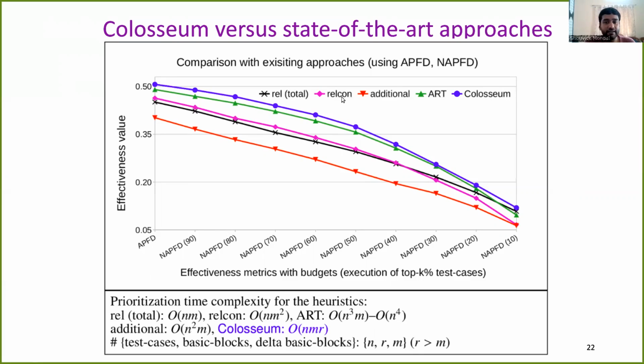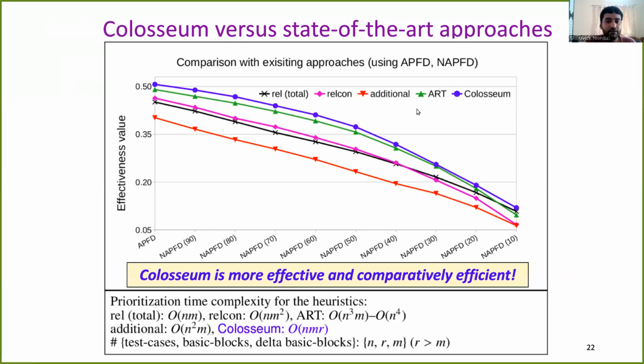And the other is RELCON, which is a combination of relevance and confinement, one of our previous works. So we see that even at low budgets, Colosseum outperforms all the others. Colosseum is more effective than the state-of-the-art and the competing approaches, even at low budgets.